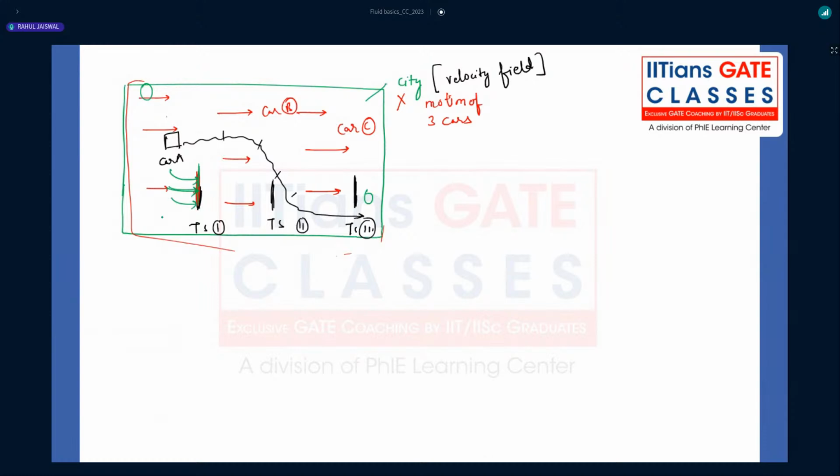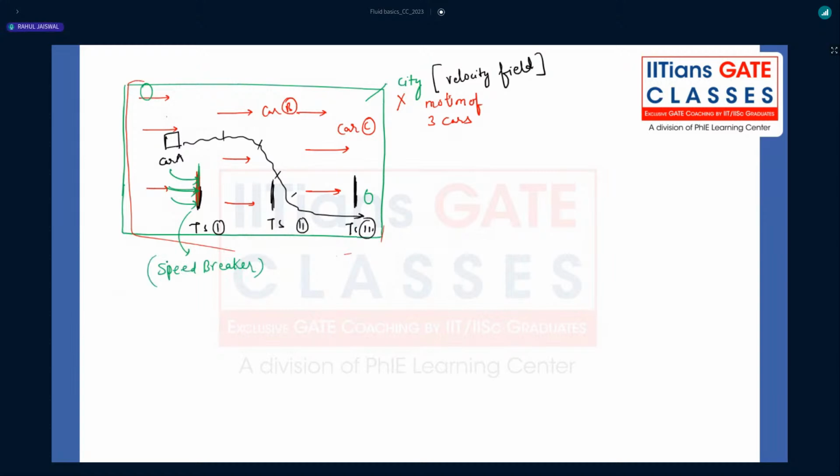Or you can consider a speed breaker instead of a traffic signal. Whatever the speed breaker is, it will have some speed limitation, beyond which the car should not pass through that location.